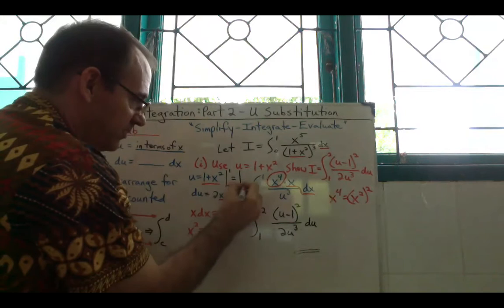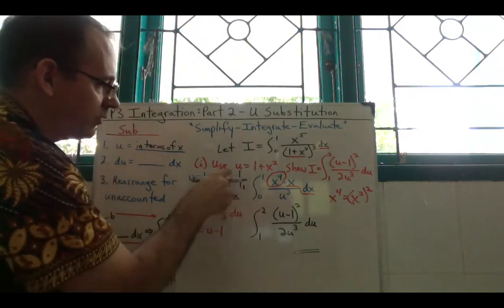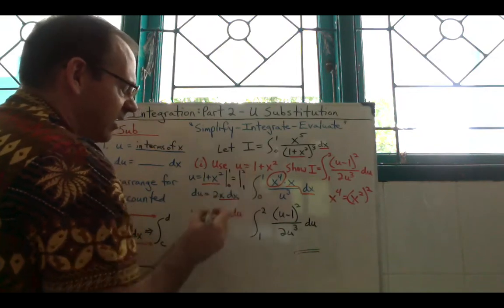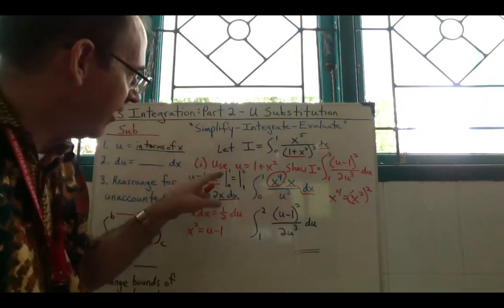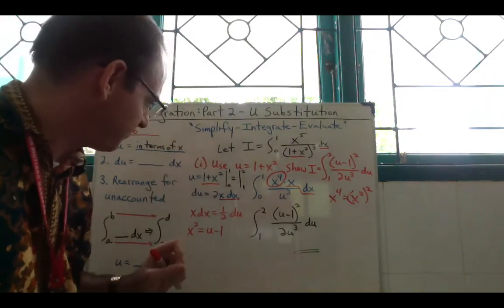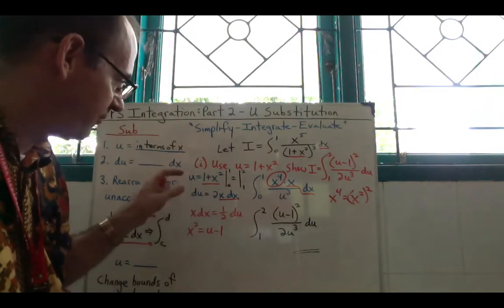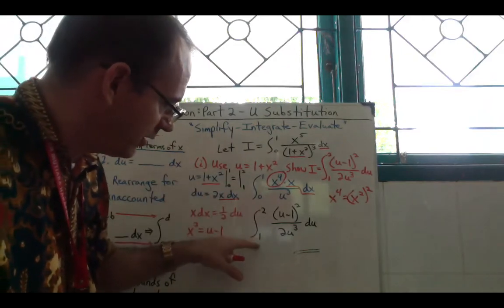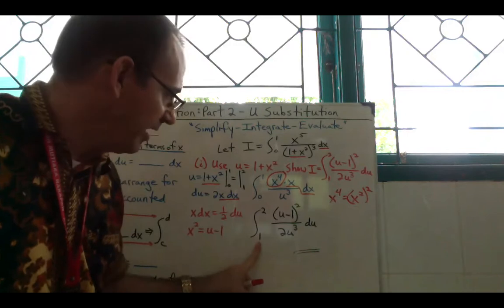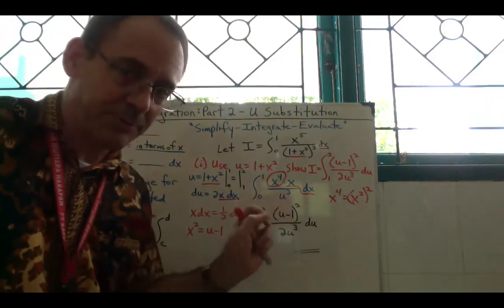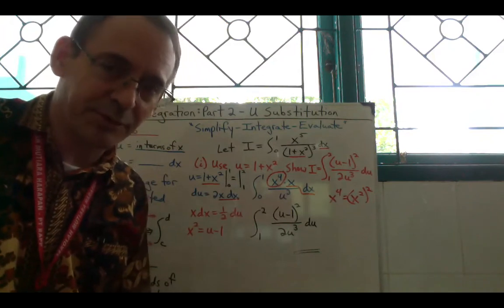So when we plug in 0, we get a 1. And when we plug in a 1, 1 squared is 1 plus 1 is a 2. So what we're doing is we're changing our x boundaries into u boundaries. Bounds of integration for variable u. So we want to use 2 and 1. So we put 2 and 1. Those are our new bounds of integration. And we have now done the substitution part of the problem.